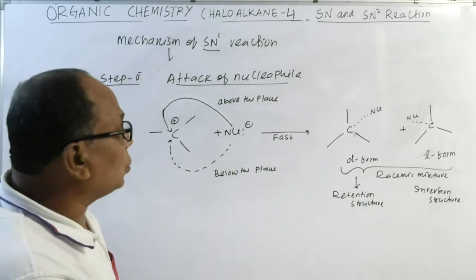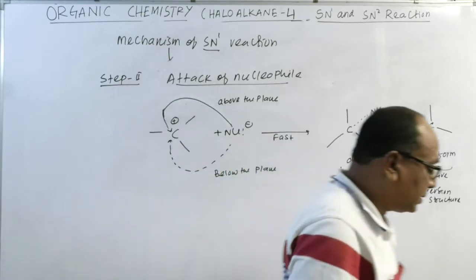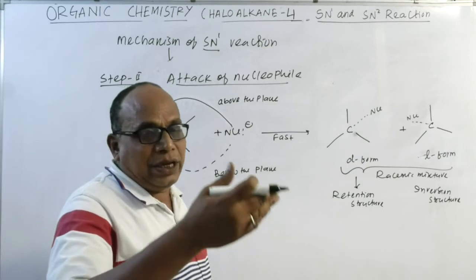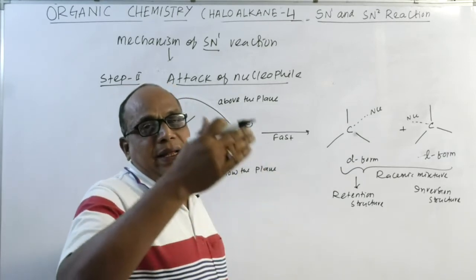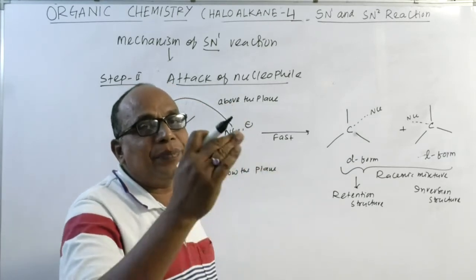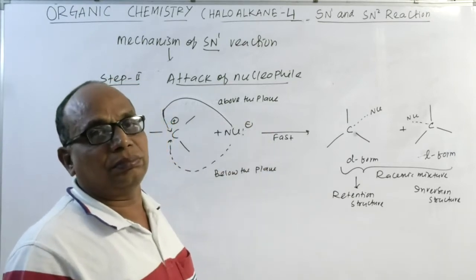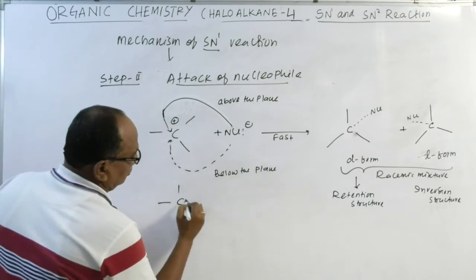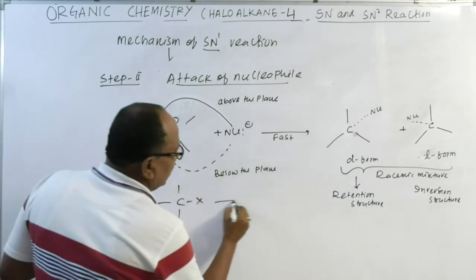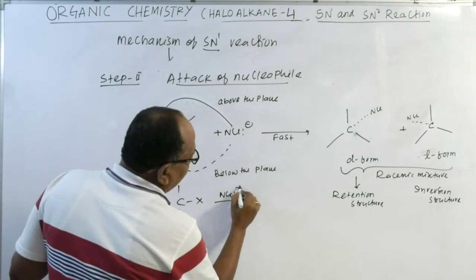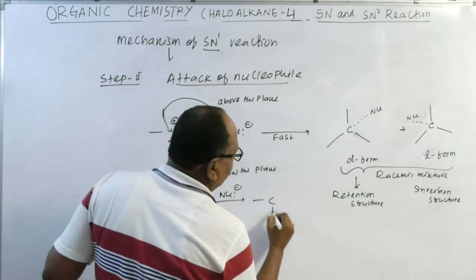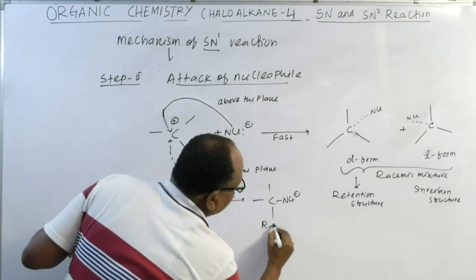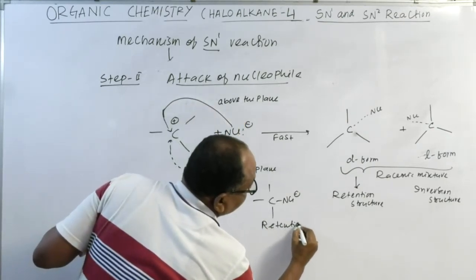What is a retention structure? In retention structure, the nucleophile is substituted on the same side as the halogen atom. That means if it is a tertiary alkyl halide and the nucleophilic reagent comes to this side, then you can say this is retention.